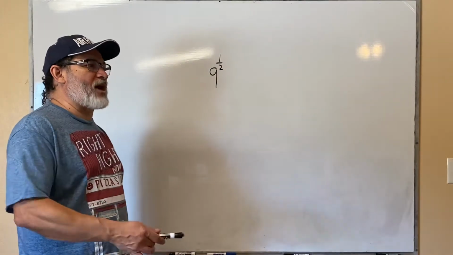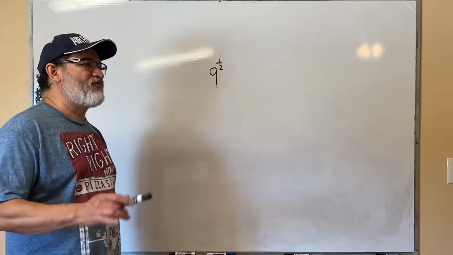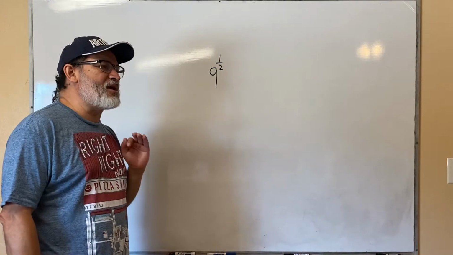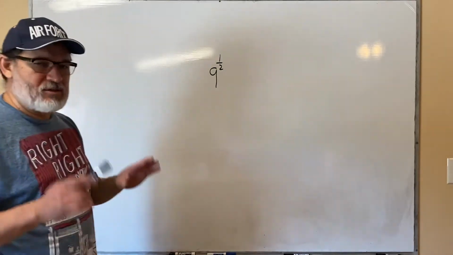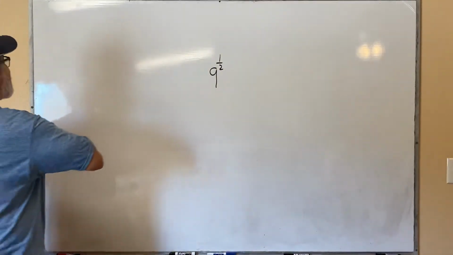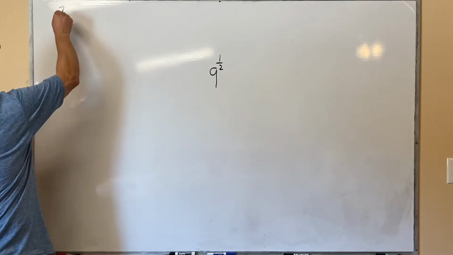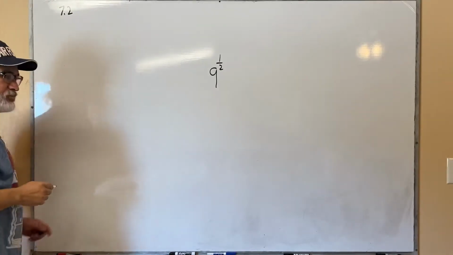Now, to work with rational exponents, first we need a property. This is section 7.2.